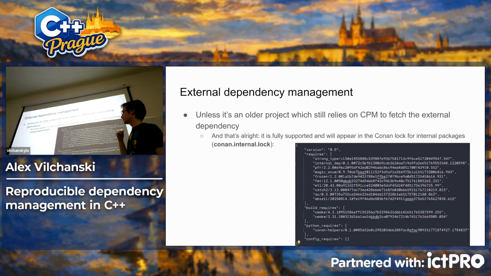And this will not be needed later, the build requires. The requires need to be built and installed, and then basically what happens is that when you call find package in your CMakeLists file, Conan intercepts the find package call and replaces it with their own logic, which provides the correct paths to these dependencies.